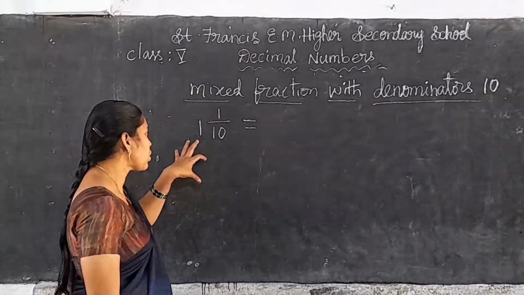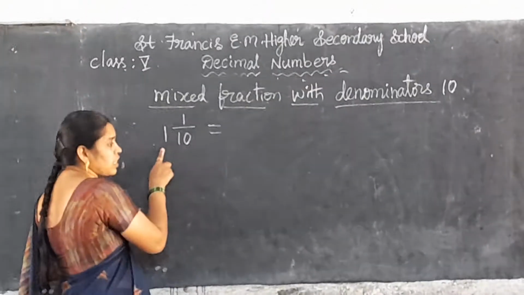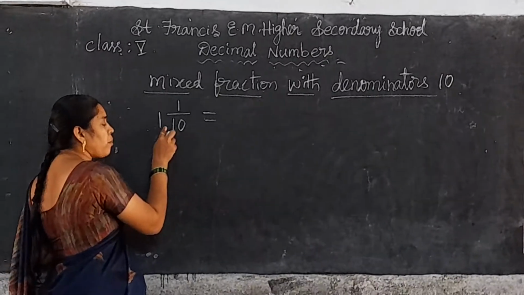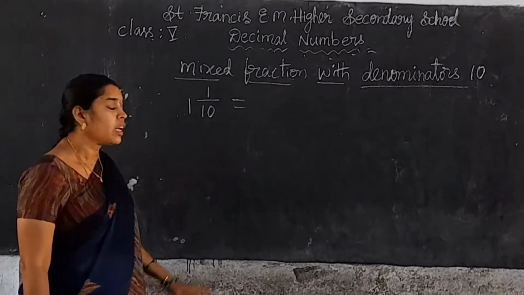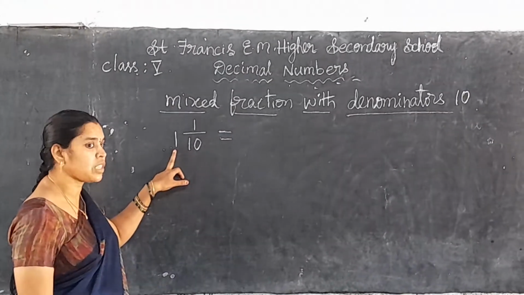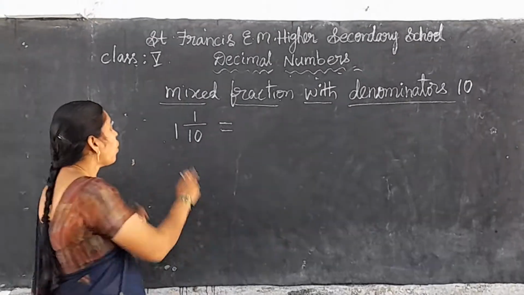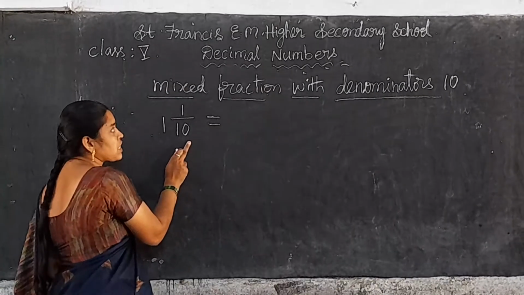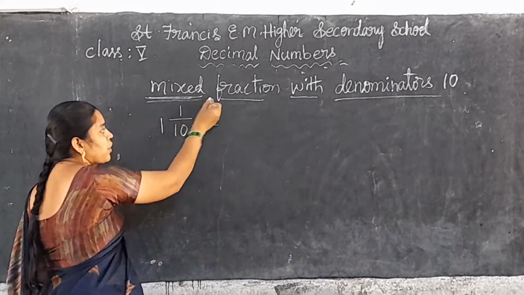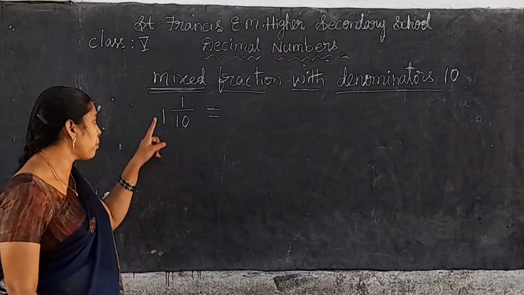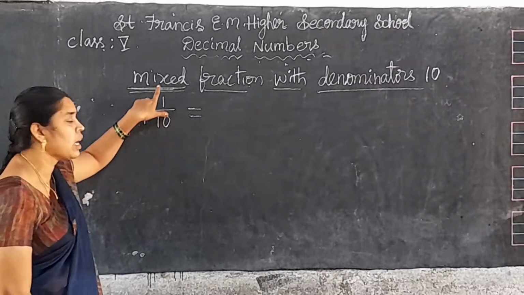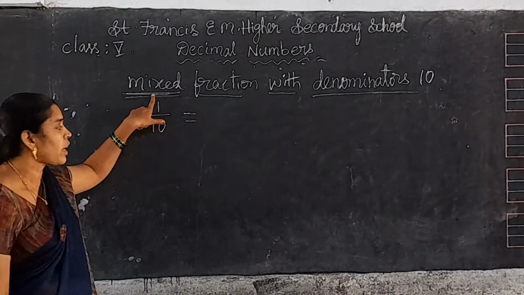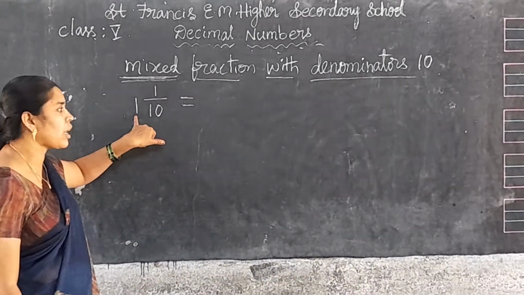The combination of whole number and proper fraction is called a mixed fraction. I told you so many times. Right? See here, whole number.